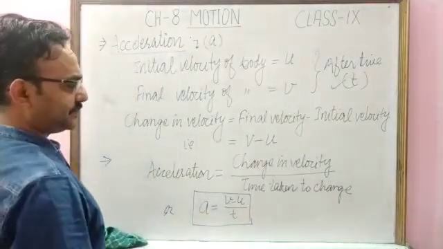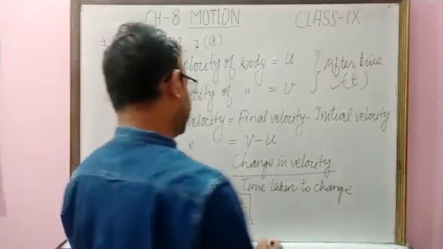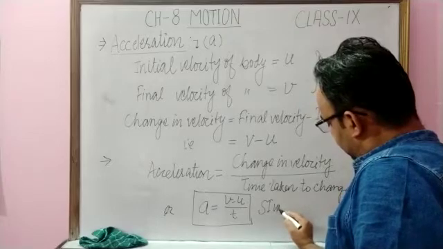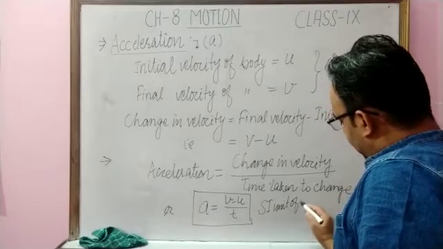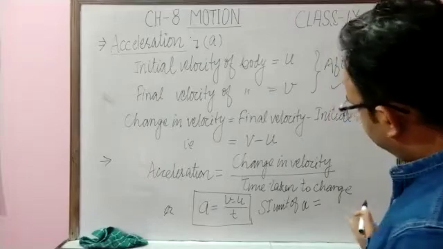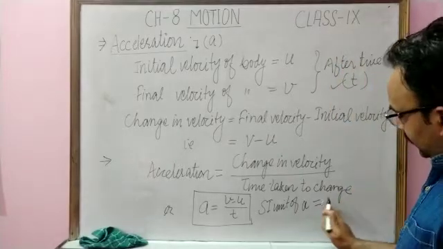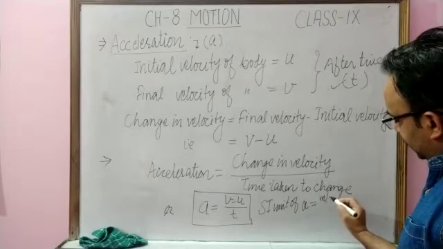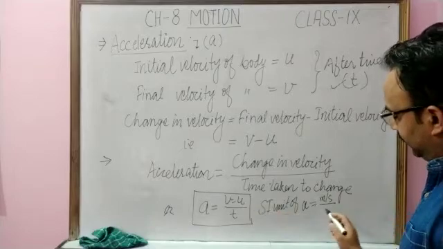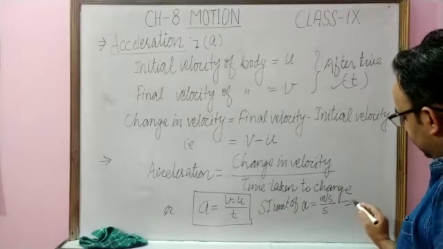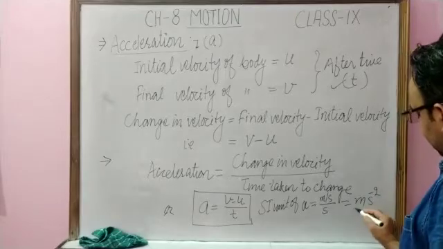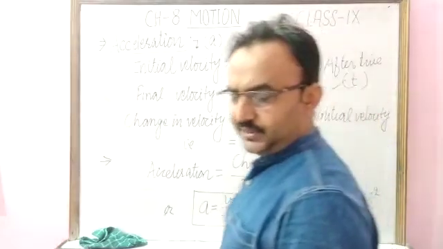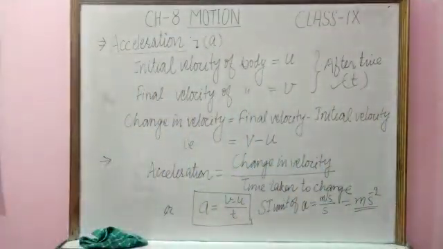Is it clear? If we have to write down the SI unit of acceleration, SI unit of a will be velocity having units meter per second upon time, second, meter second square inverse, meter second square inverse.